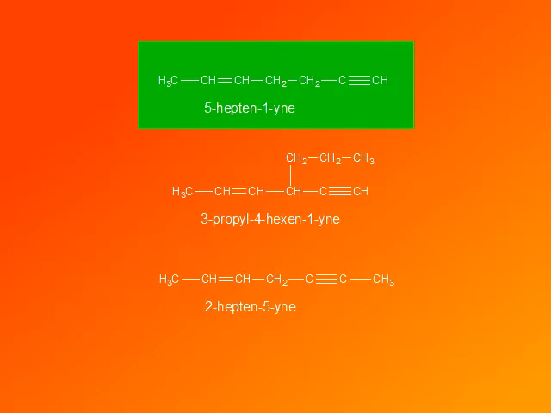So that's number 1, which tells us the triple bond is between carbons 1 and 2. Therefore, the complete name of this compound is 5-heptene-1-ine. Note also that we dropped the final "e" of "-ene". That's to avoid having "e" and "y" next to each other.